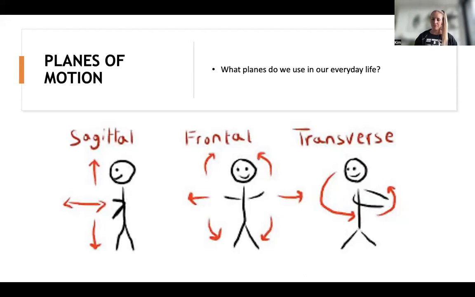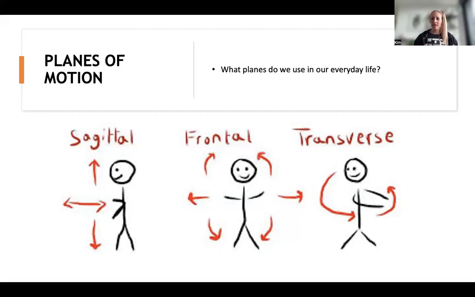So when we're thinking about programming, as I said, a lot of our movements come into the sagittal plane. Everything that we do that's foundational is sagittal plane. But how do we actually move our bodies? As functional trainers, our goal is to improve movement and mobility for people's everyday movement, right?